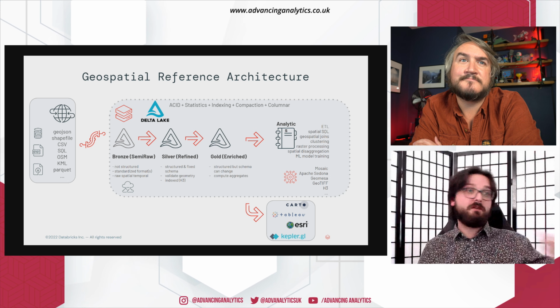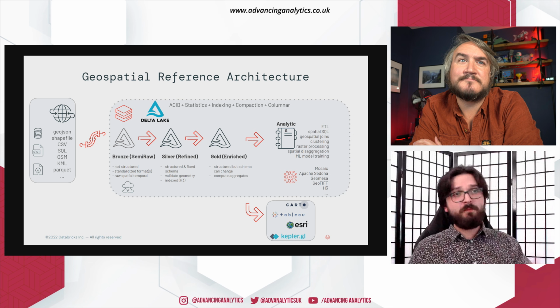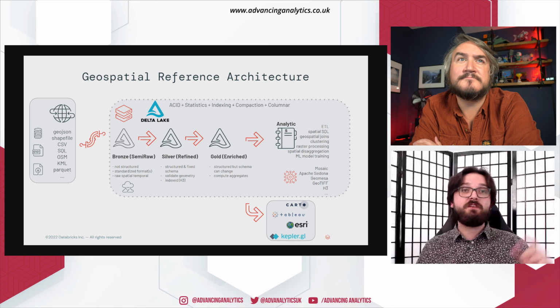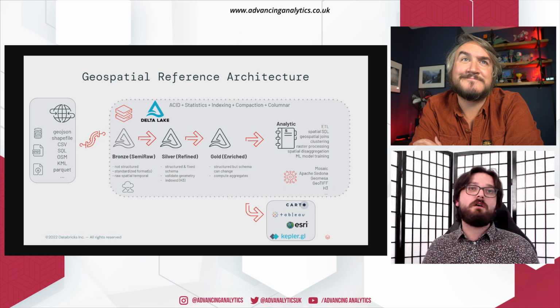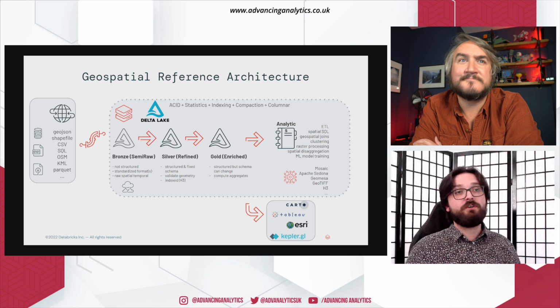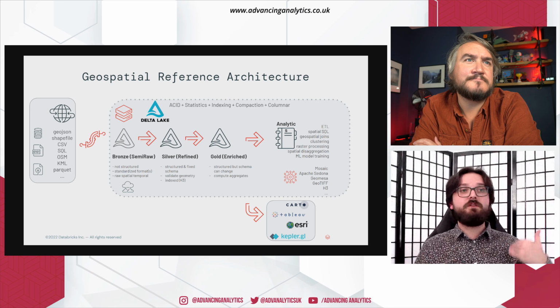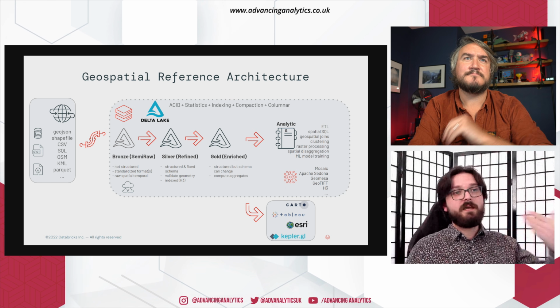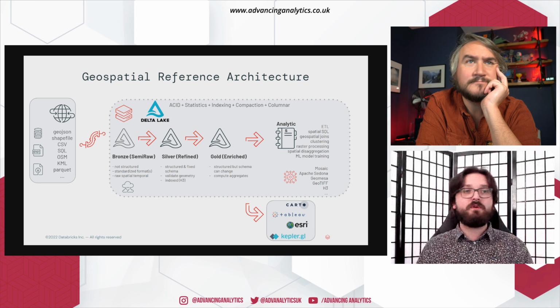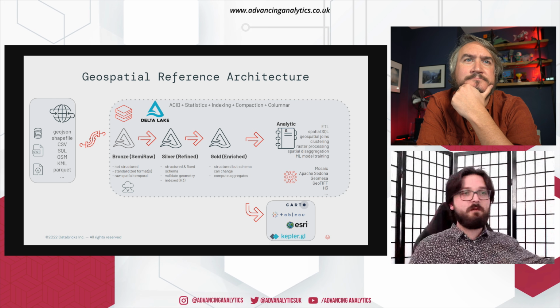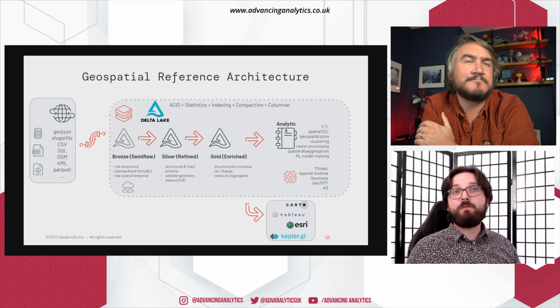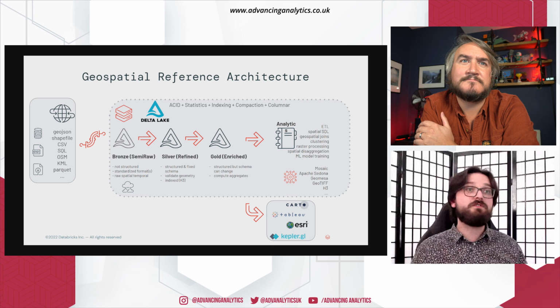We do have, as part of Mosaic, the ability to do ST is valid, so you can check for self-intersecting geometries and a few common problems that could occur there. And then when you serve it, you can use it for analytics inside of the Lakehouse, or you can use it for enterprise-grade UI serving, like through integrations with Carto, Tableau, Esri, open source things like Kepler or GeoServer.